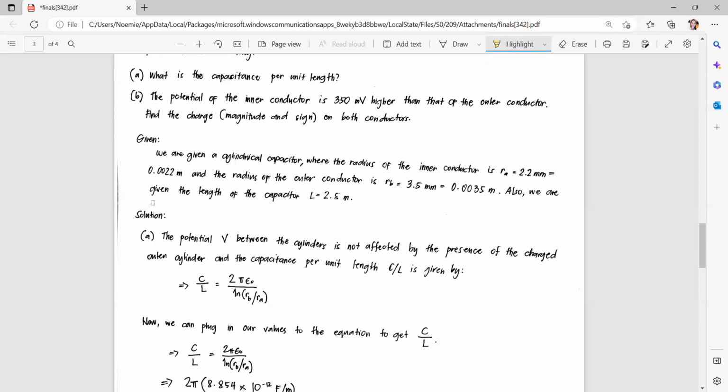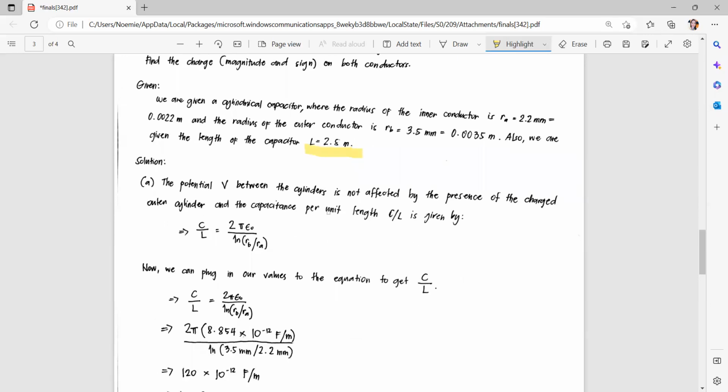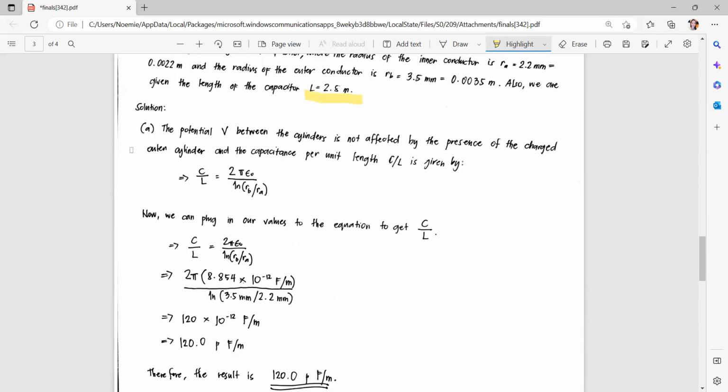Also, we are given the length of the capacitor, L equals 2.8 meters. So the potential V between the cylinders is not affected by the presence of the charged outer cylinder, and the capacitance per unit length is given by this equation.